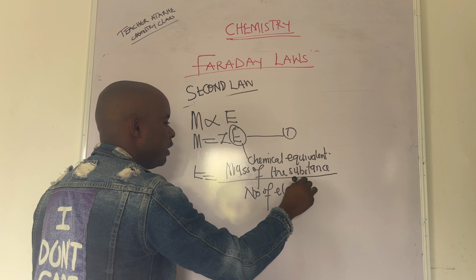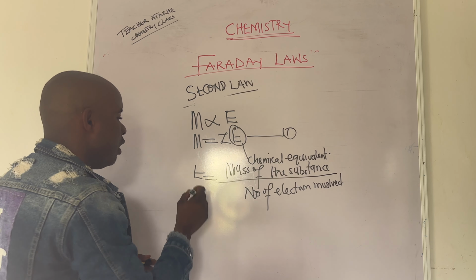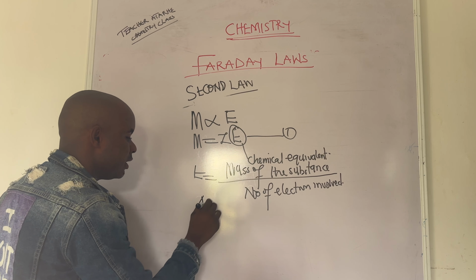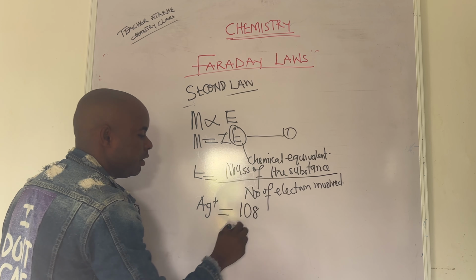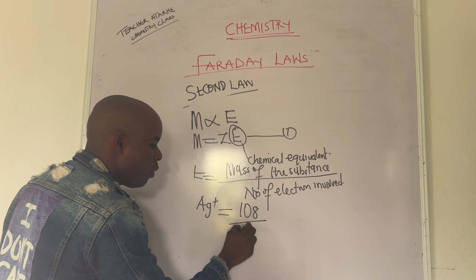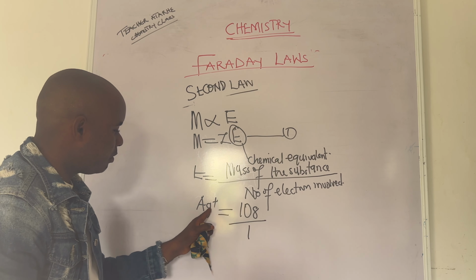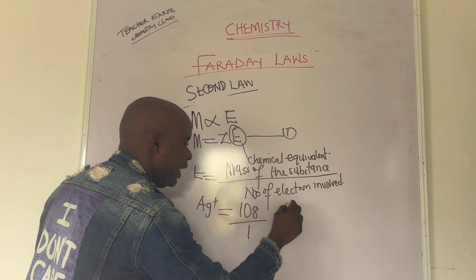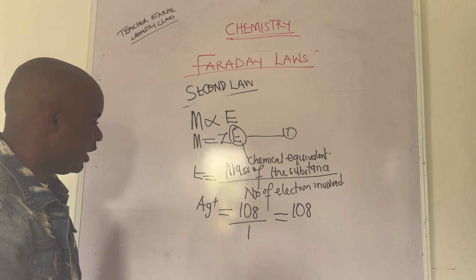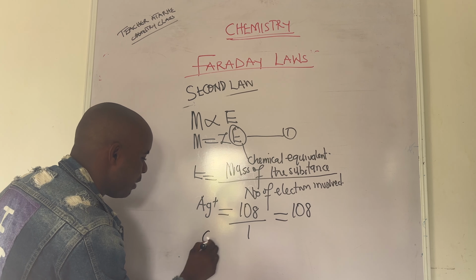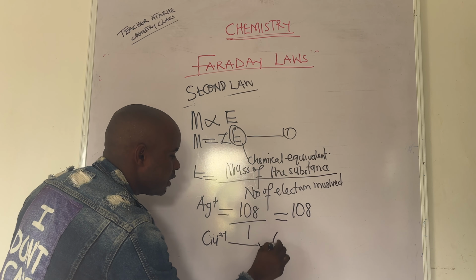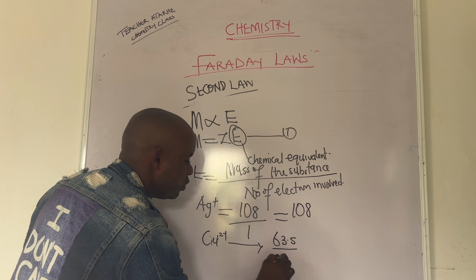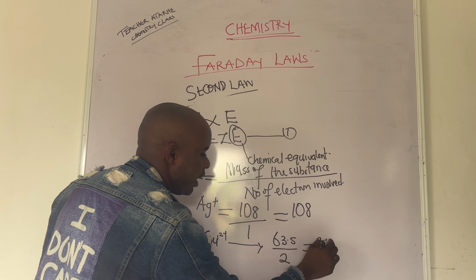For instance, the chemical equivalent of silver is the mass of silver, 108 grams, divided by 1, so it is 108. For copper, we have 63.5 divided by 2, which gives us 31.5.